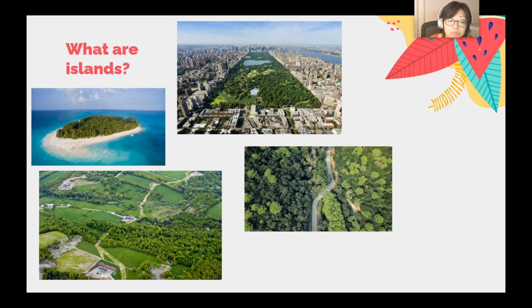Just building roads actually splits the habitat into two. Now you have two separate habitats, and depending on the organism, some can move across these boundaries, but some can't. And you're essentially isolating organisms into these habitats by fragmenting them. So this is a process called islandization. It's like formation of islands.